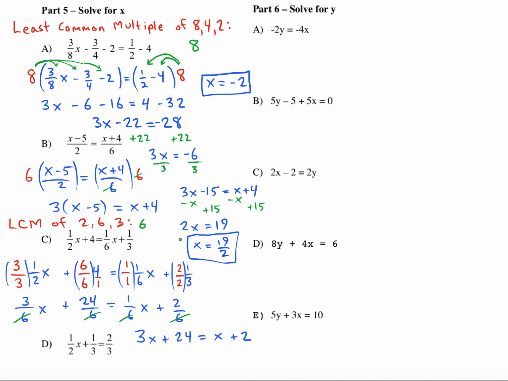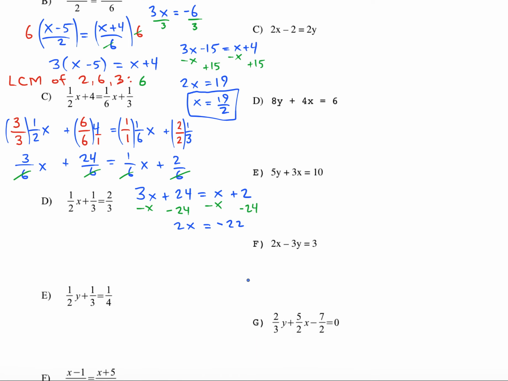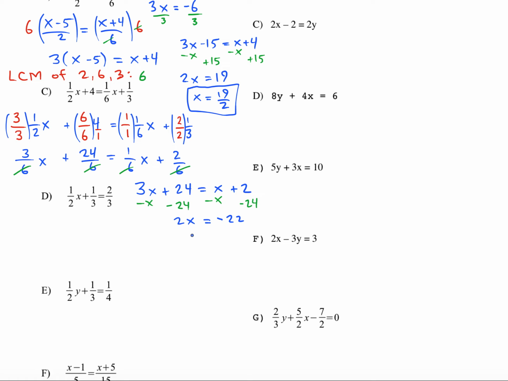Okay, so subtract x, we'll get the 24 to the other side. 2x equals negative 22. Therefore, x is negative 11.